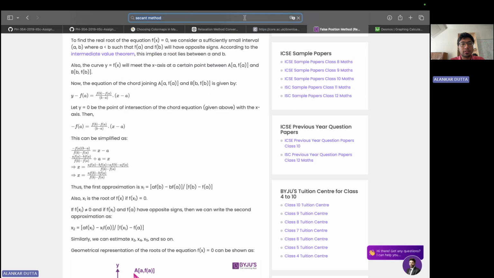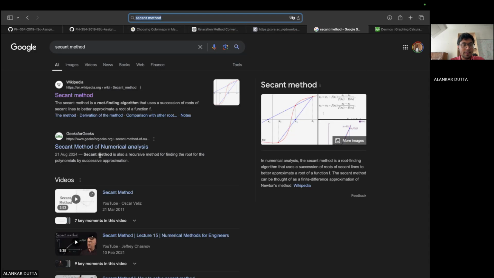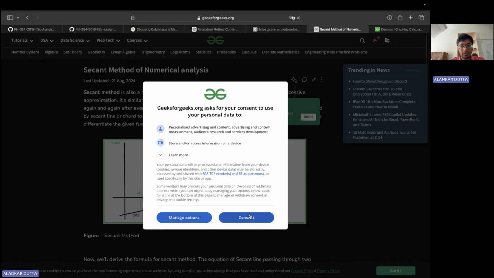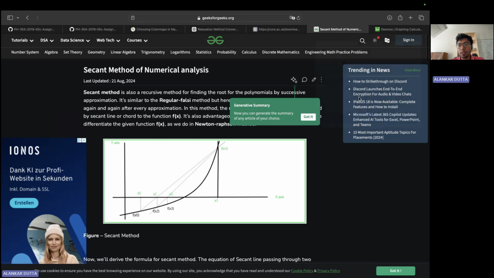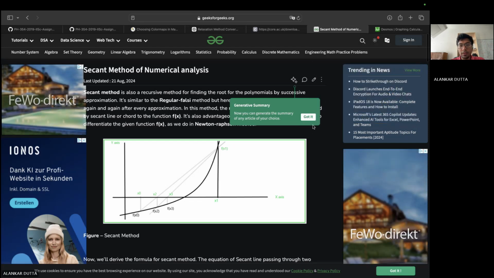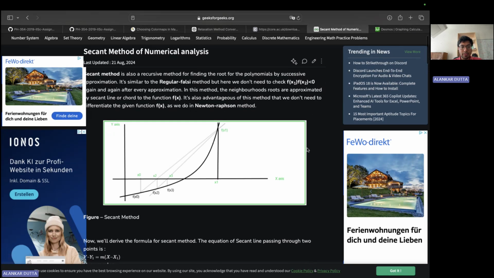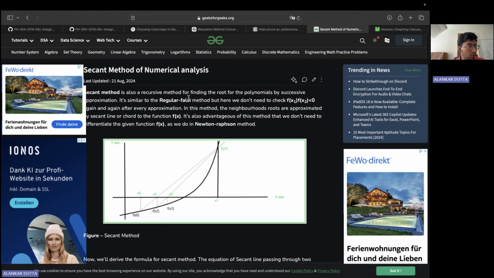So, the secant method. Again, we have to look at the roots, and we try to find a guess value, and then we recursively go on to find the new value, right?